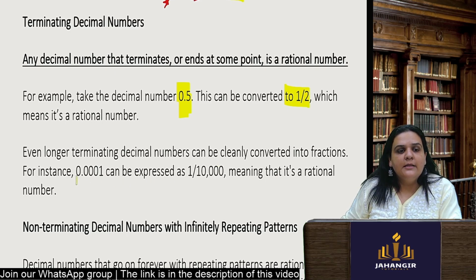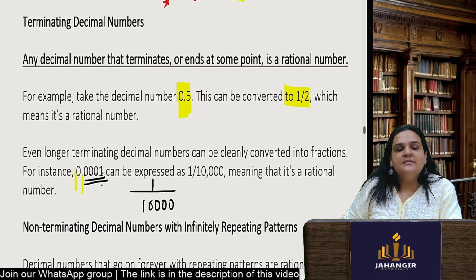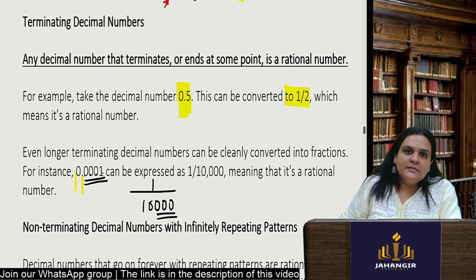So say if I am writing 0.0001, it can be expressed as 1 upon 10,000. Put this number of zeros after the 1: the number of places after the decimal, that many zeros you will put. So there will be 1, 2, 3, 4. So it is a rational number.